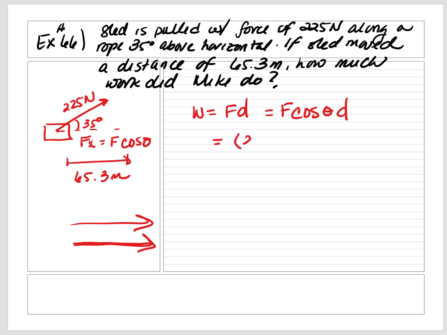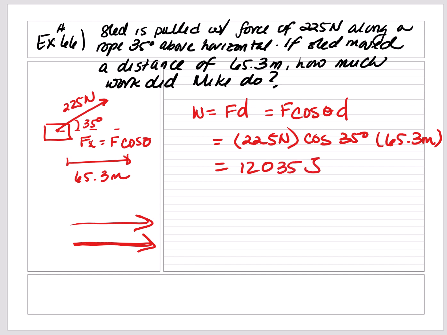So this is going to be 225 newtons cosine 35 degrees, and displacement is 65.3 meters. And if you plug this in, you should get 12,035 joules, or 1.2 times 10 to the 4th joules. If you notice in this situation, if I did FD cosine theta, it was the same. But sometimes it will be sine theta.